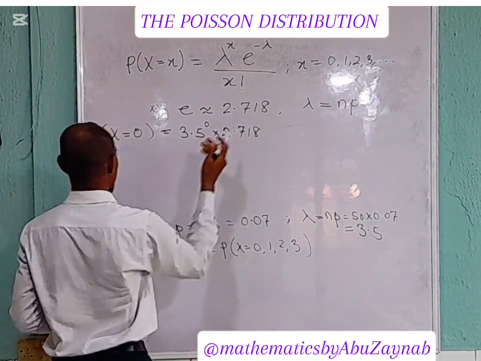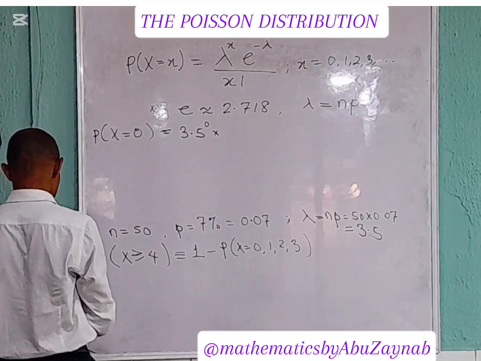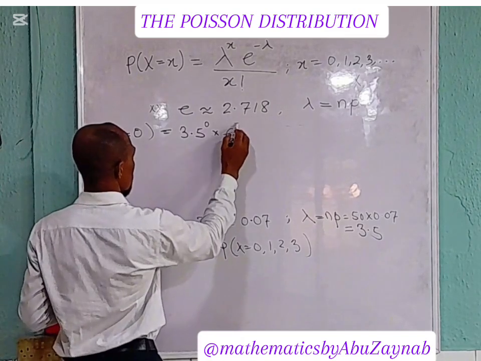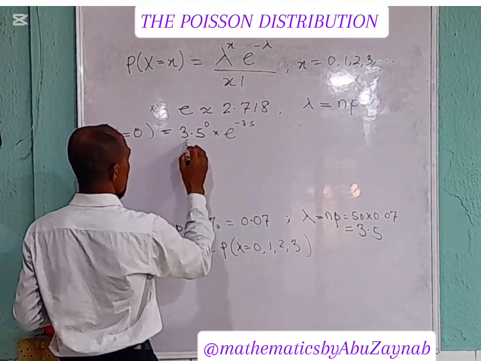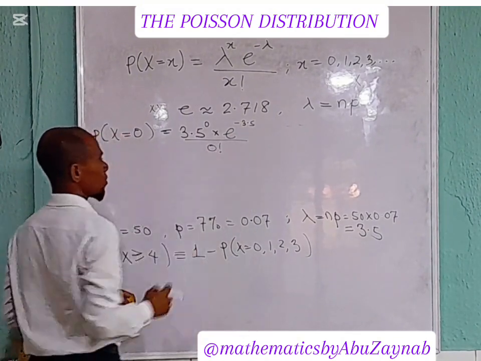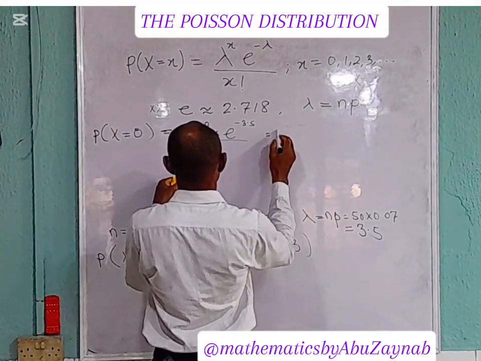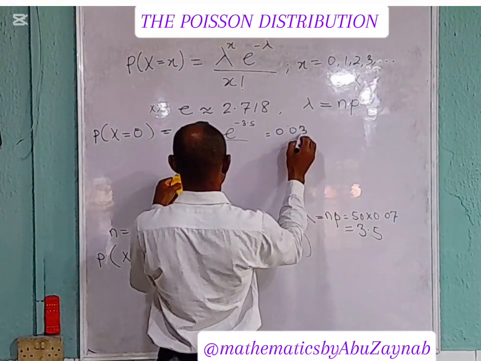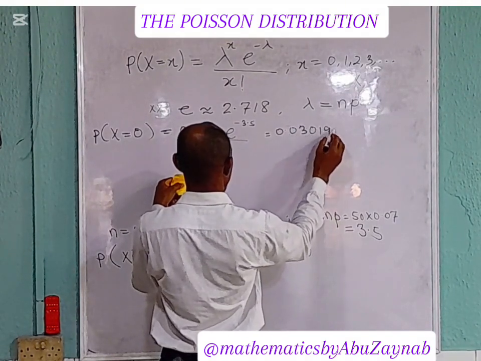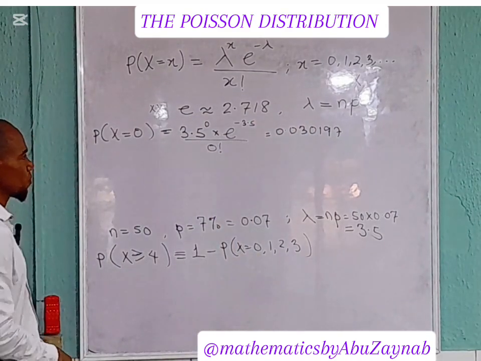If you're using your computer or device, you can simply have that e there, use power minus 3.5 over 0 factorial, which is 1. When you compute this, you're going to have 0.030197. That will be the probability for x equals 0.